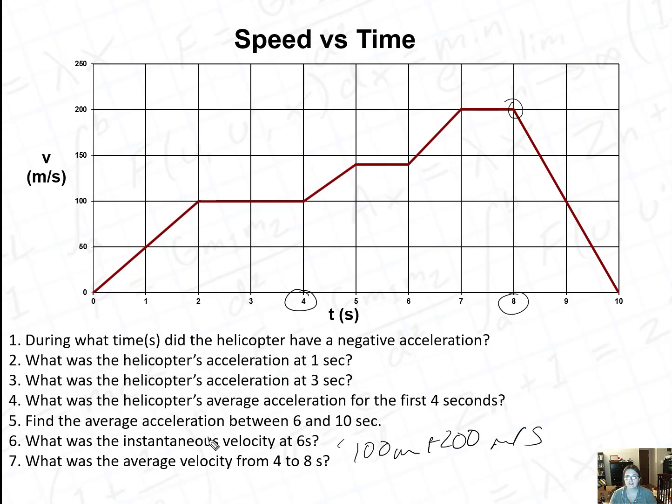And it's just asking for the average velocity. So then we just have to divide by 2 because we have 2 velocities. So that's 300 meters per second divided by 2. And that's equal to 150 meters per second. That's the average velocity at that time.